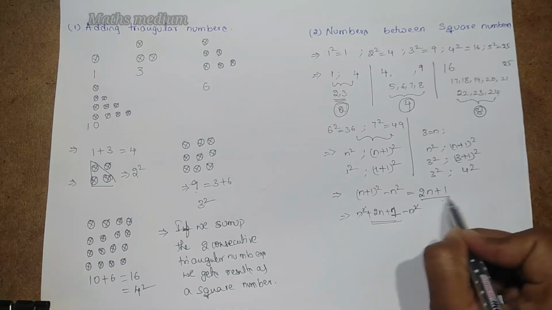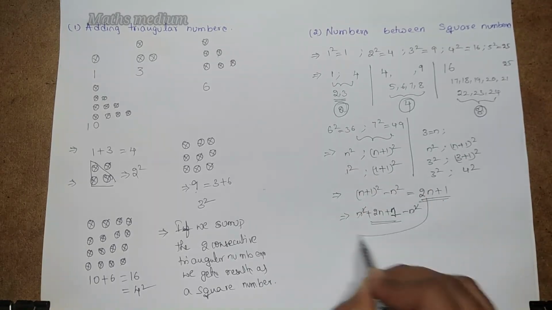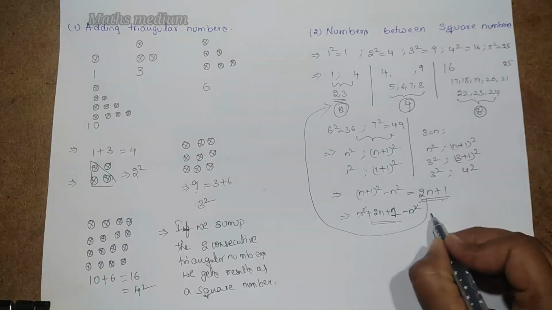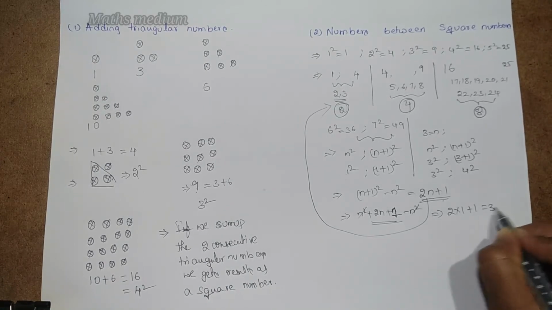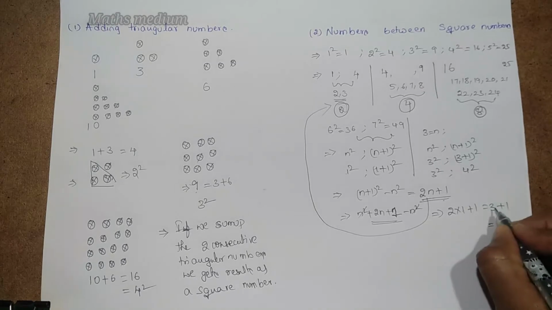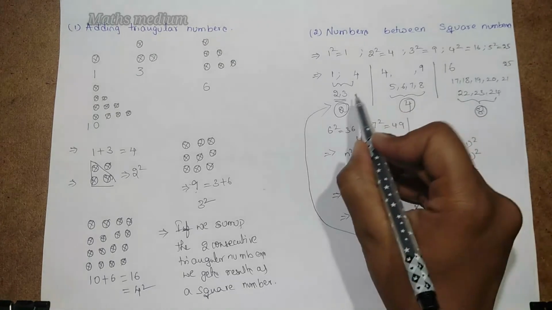So if you take any number, here 2n plus 1, if you apply this, n means 1, right? So 2 into 1 is 2, 2 plus 1 is equal to 3. Here we get 3, but here it is 2.